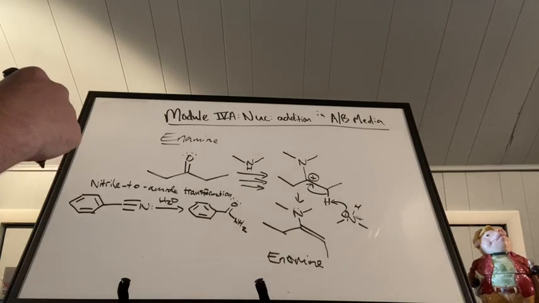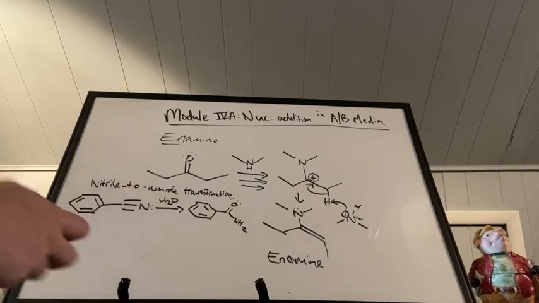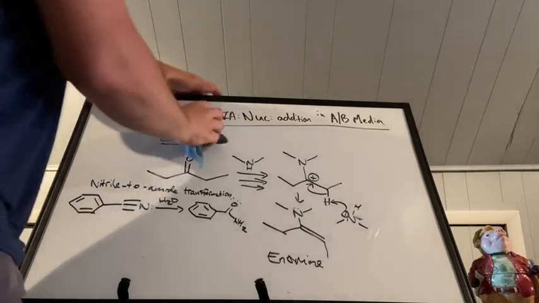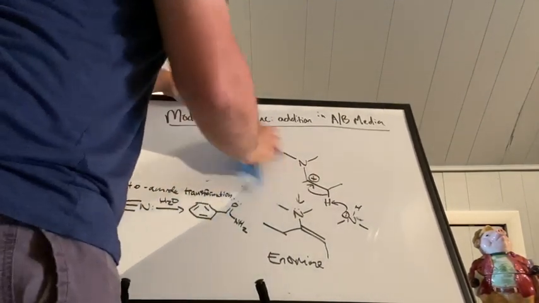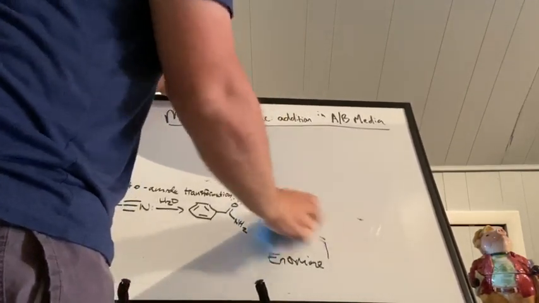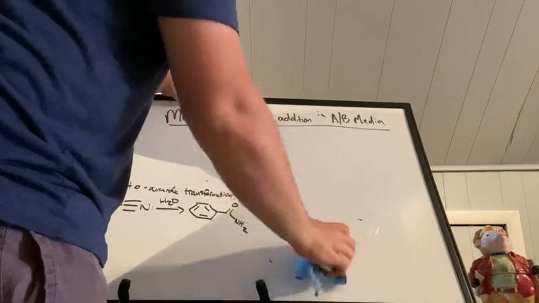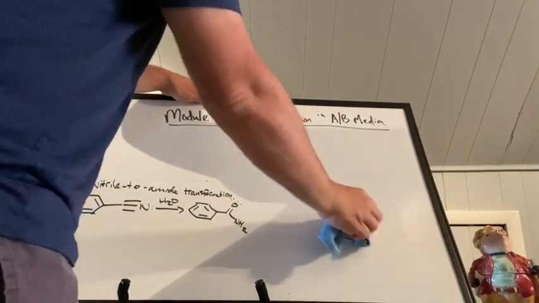Okay. All right, so the next conversion is something I've already introduced to you, which is Wolff-Kishner. It is the same sort of theory applied with a Schiff base formation, just with a hydrazine.